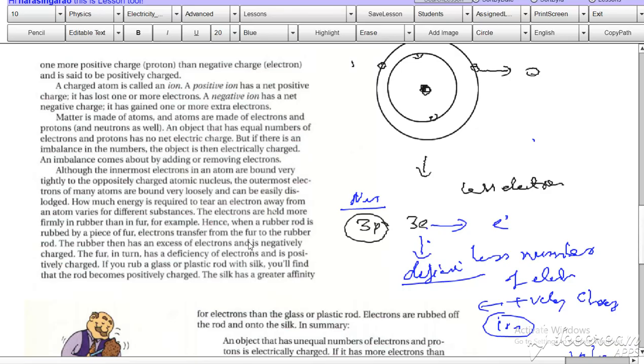So electrons are tightly bound in the rubber and less so in fur, and electrons transfer from fur to rubber. The rubber rod then has an excess of electrons, so it becomes negatively charged. So you can understand.